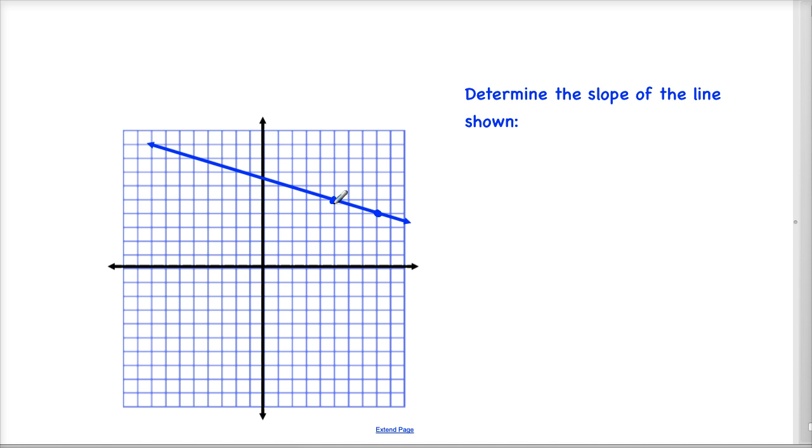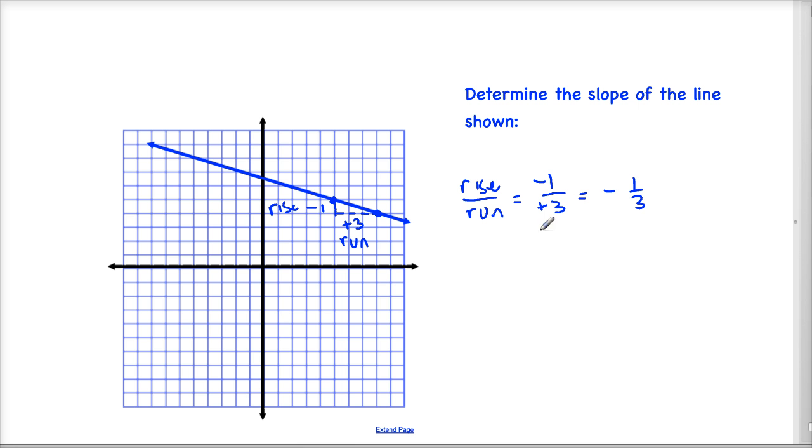So right here, to get down to this next point, I go down 1, so my rise is -1, and then I move over to the right 3, so my run is +3. So rise is -1, run is +3. To determine the slope here, we get rise over run, that's -1 over +3, and I would simplify that as -1/3.